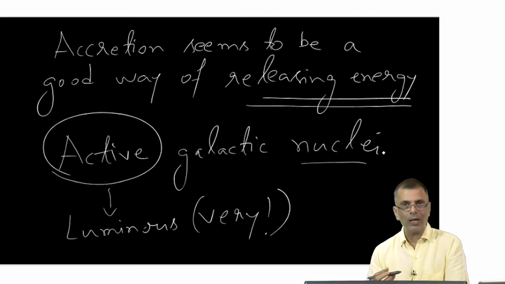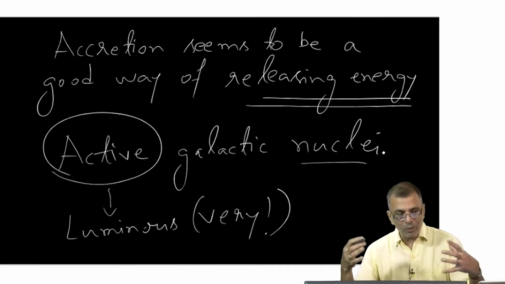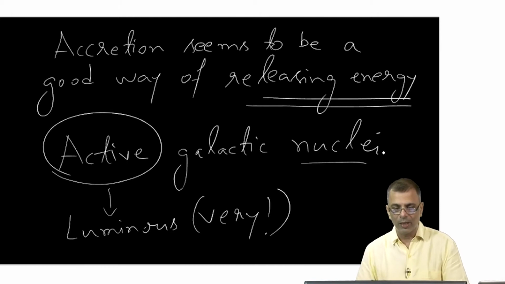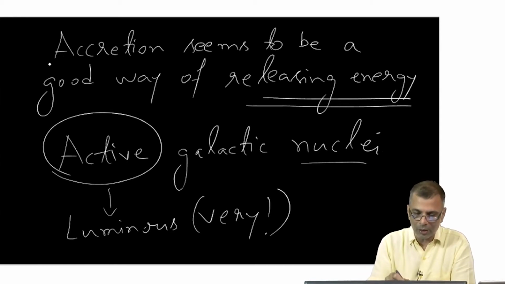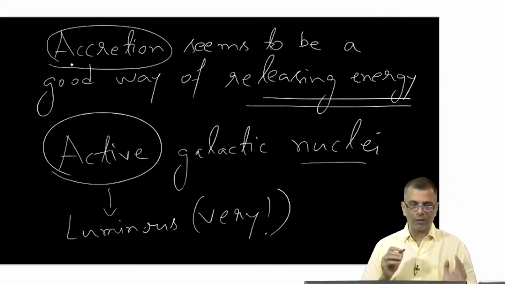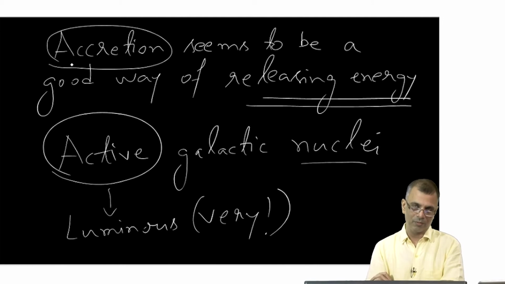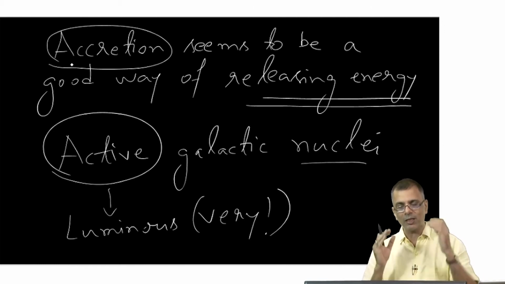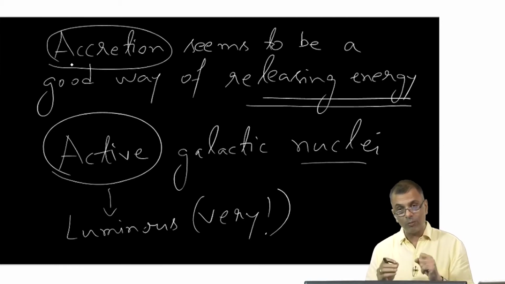A black hole will naturally tend to attract matter from around it. It will tend to enable accretion. So it stands to reason that there is some kind of connection between accretion and energy release. It is these central objects that naturally will accrete matter, and they are also very, very luminous.